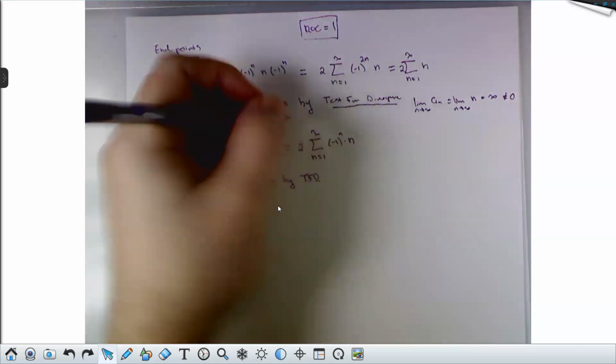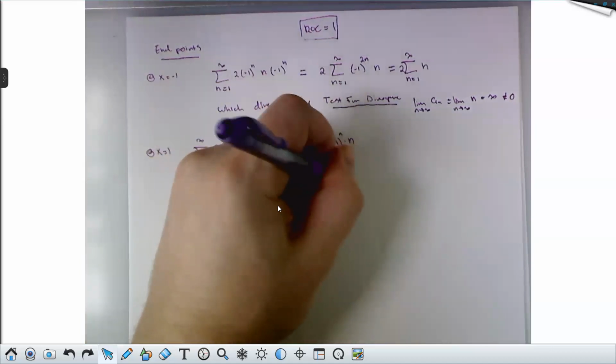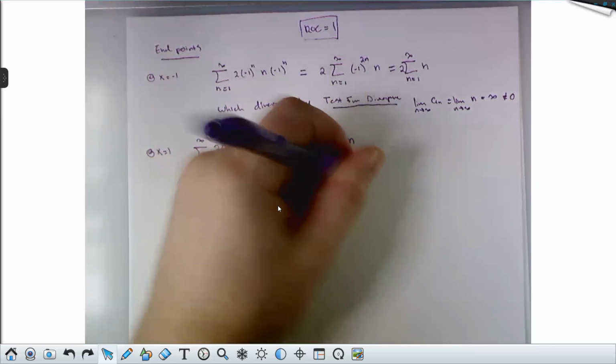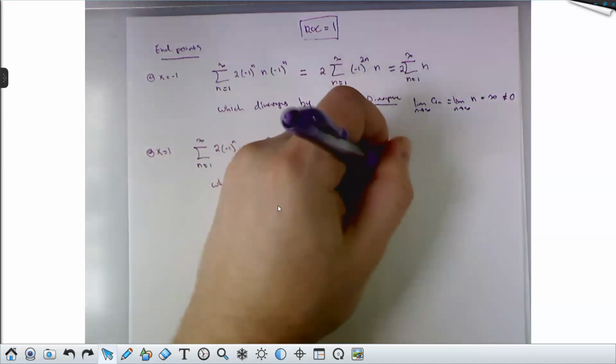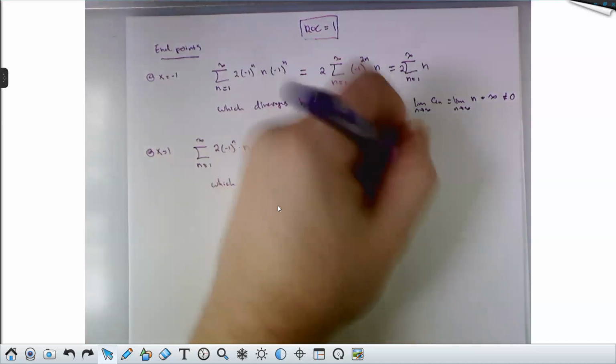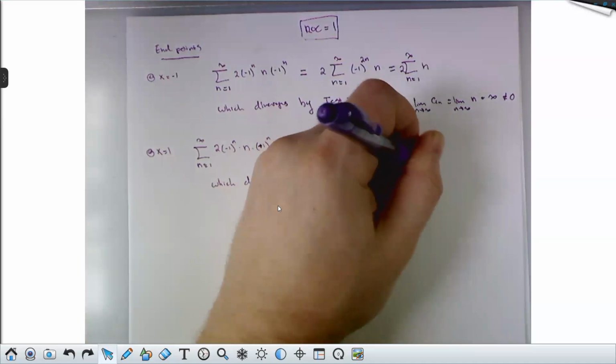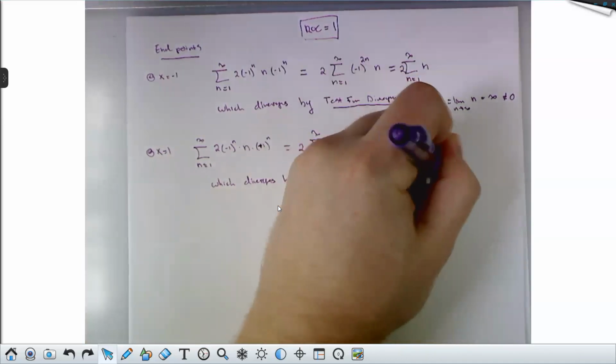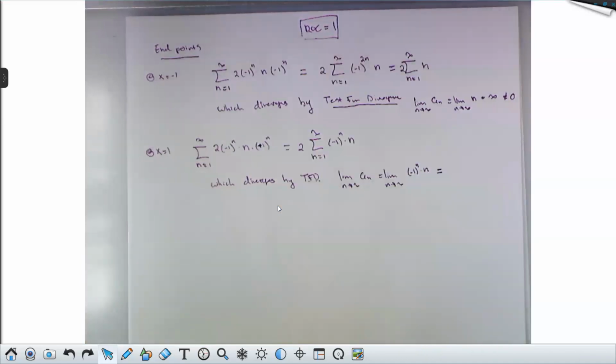Same test for divergence. Here, the limit as n goes to infinity of the a_n's is the limit as n goes to infinity of (-1)^n times n. What is this limit? This also diverges.